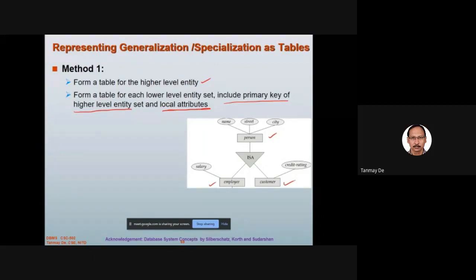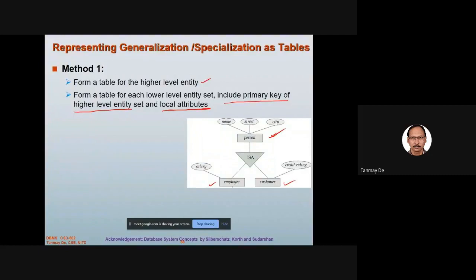Now the question is, if we convert this into tables for a relational database, what are the possible tables? One table for person, the higher level entity set, with all the descriptive attributes: name is one column of person, street is another column or field, and city is another field.